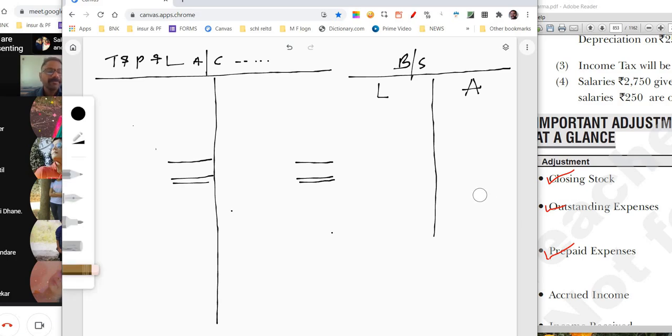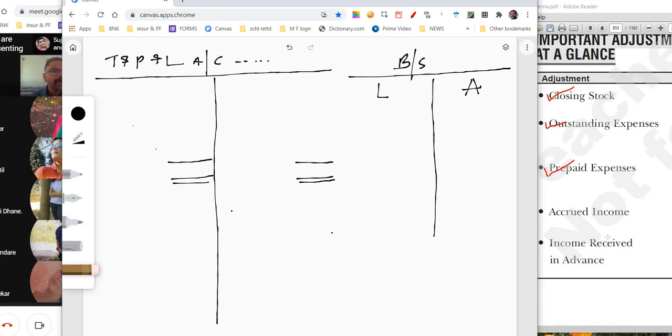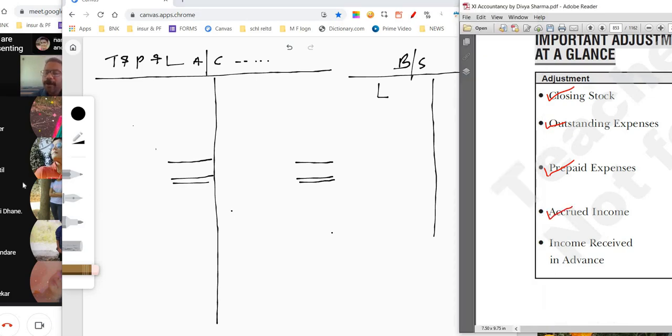Very good. Okay, now accrued income. Accrued income. Add to the respective income on credit side profit and loss account. Okay, very good. In trading and profit and loss account, or to be specific in profit and loss account, we put this accrued income.